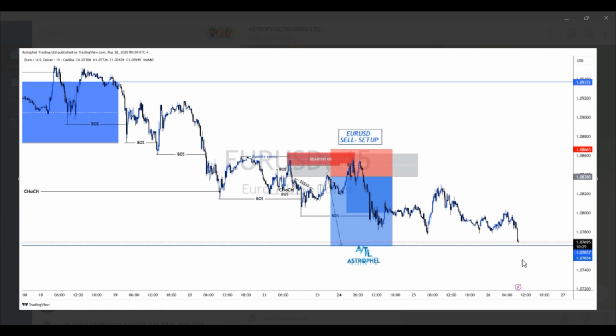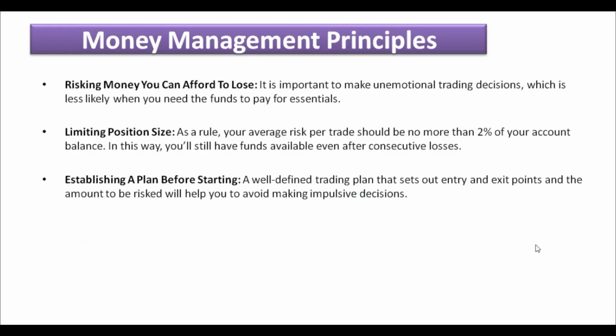You need to set everything in place, that is the planning, before you actually take a trade. That's why we said establishing a plan before starting. A well-defined trading plan that sets out your entry and exit point and the amount to be risked will help you to avoid making impulsive decisions. This is very important, guys.